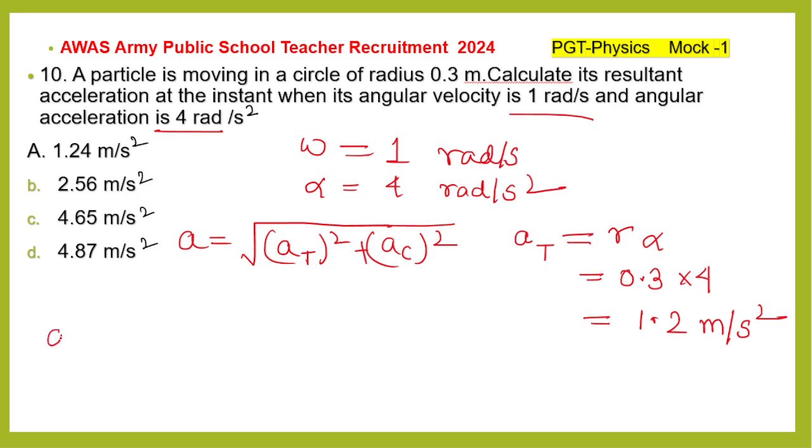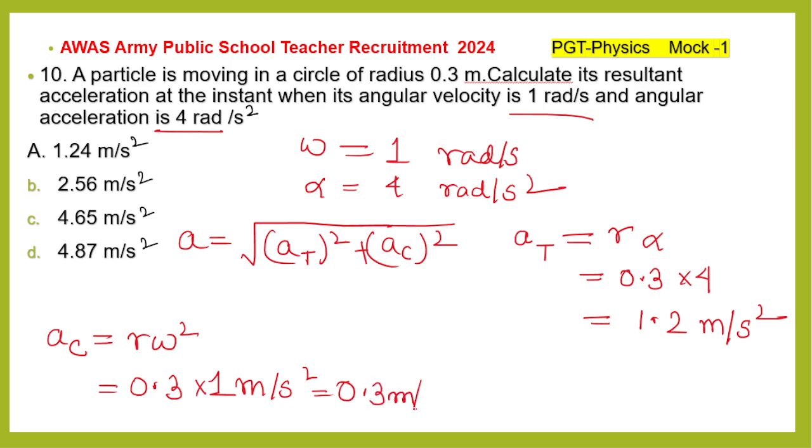And what is the formula to find out the centripetal acceleration? That is ac is equal to r omega square. r 0.3, omega square 1, and it gives 0.3 meter per second square.